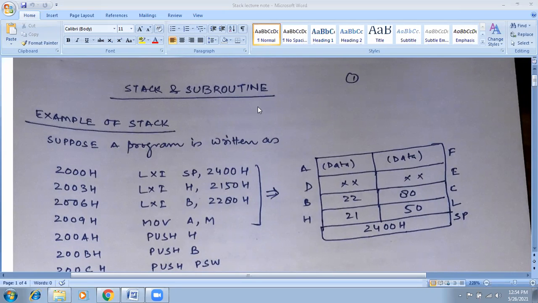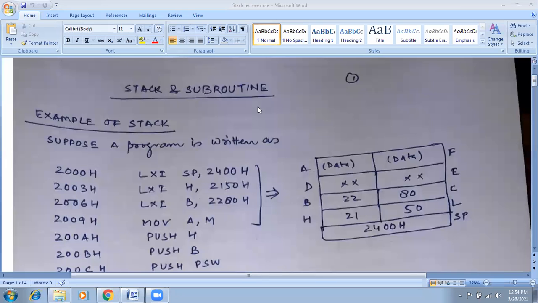Why do we always call it the stack top location? Because a stack is a kind of arrangement in which the data is being inserted from the top. So whatever address is being represented by the stack pointer, at that address the data will be inserted or retrieved.